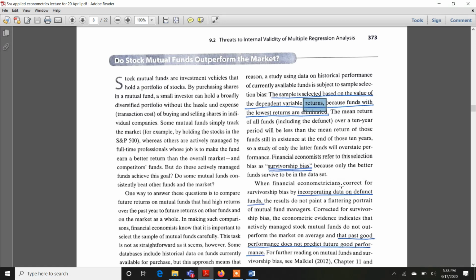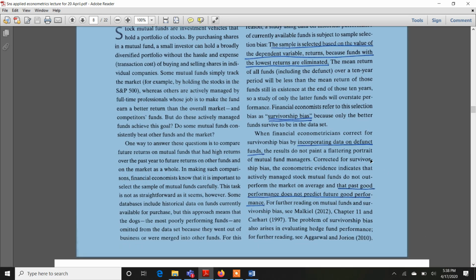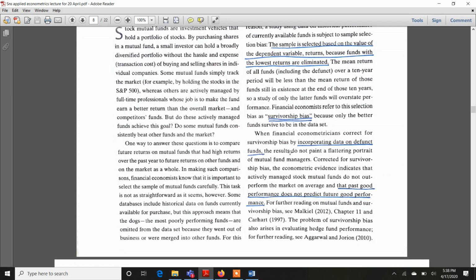When financial econometricians correct for survivorship bias by incorporating data on the defunct funds, like the dogs, if we include the past data of the dogs or the underperforming funds, then the empirical evidence suggests that actively managed stock mutual funds do not outperform the market on average, and that past good performance does not predict future good performance.